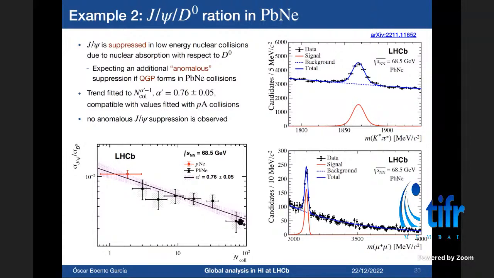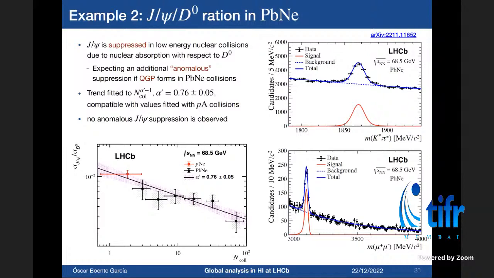Here, it's hard to see because the largest points we have are not very precise. So you can fit it more or less with everything. Okay, thanks.